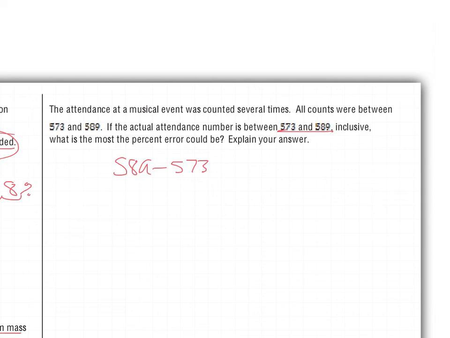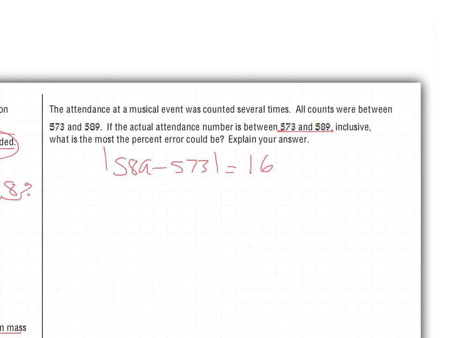This is the worst case scenario. This is going to be the greatest amount of absolute error that I could possibly have. So when I do that, that's going to give me that the worst my absolute error would be 16.